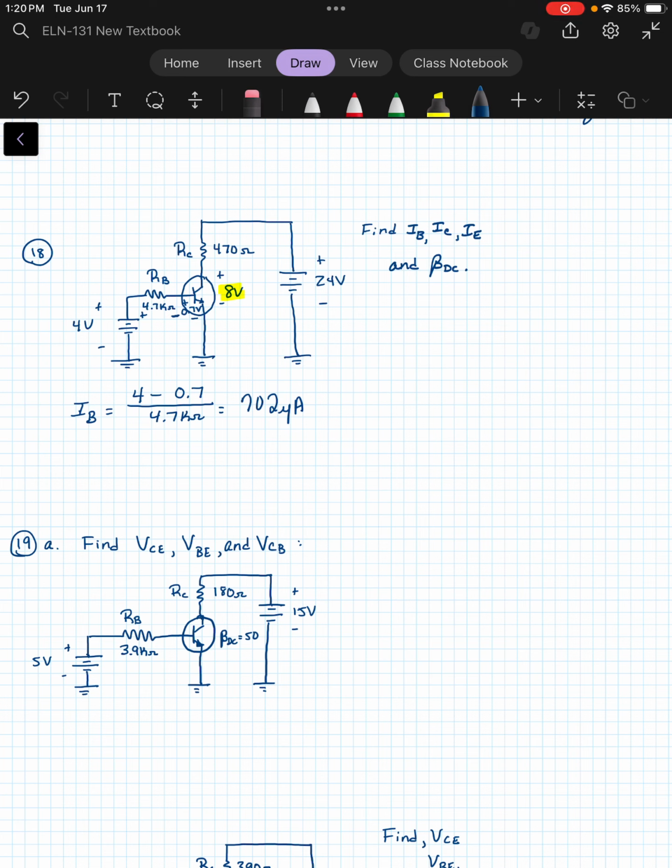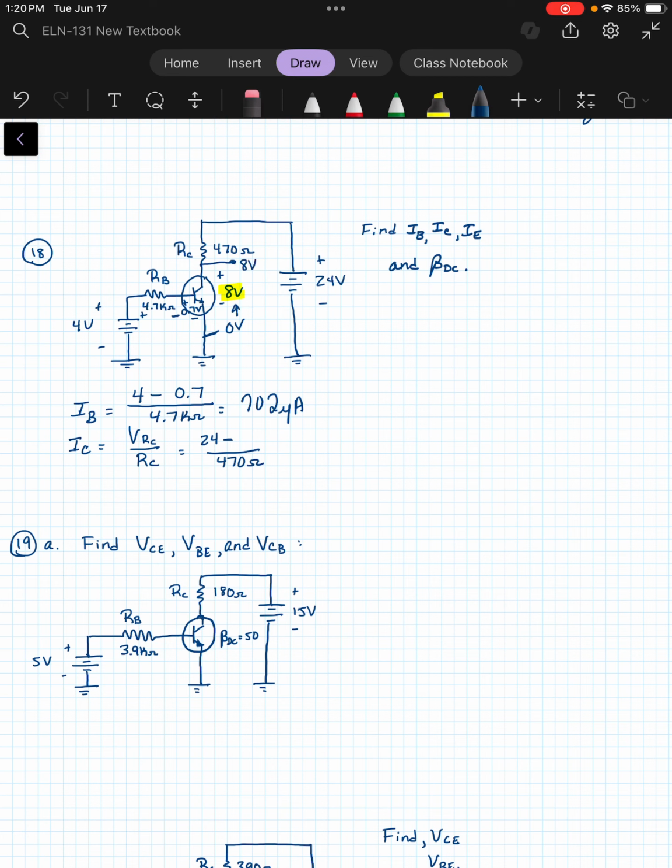Now we don't know beta. We're going to have to find IC another way. But we do know that IC would be the voltage drop across RC divided by RC. And of course we know RC is 470 ohms. Now what's the voltage drop across there? We have 24 volts on the right hand side minus, remember at the emitter we've got 0 volts, and then we see a plus 8 going in this direction.